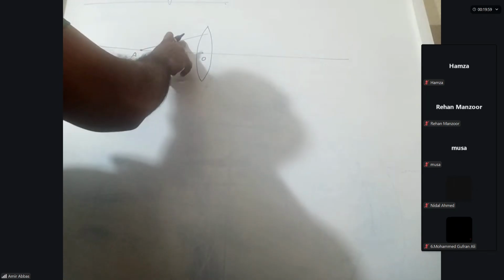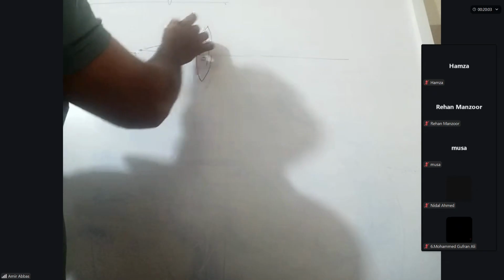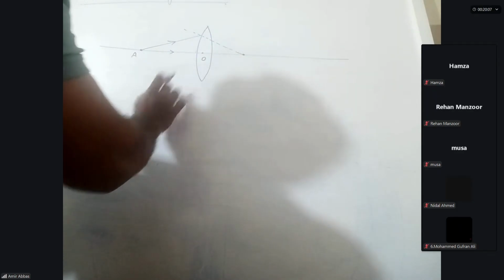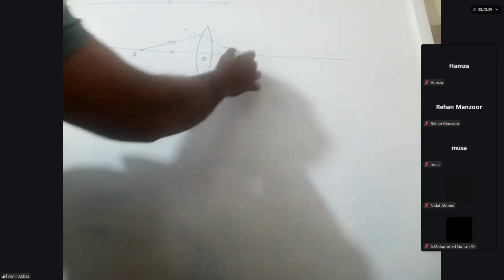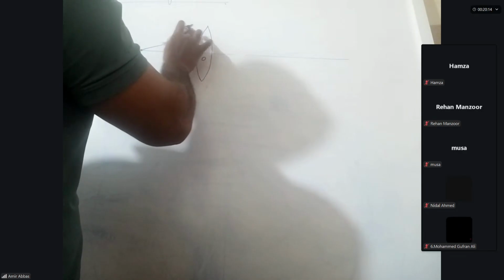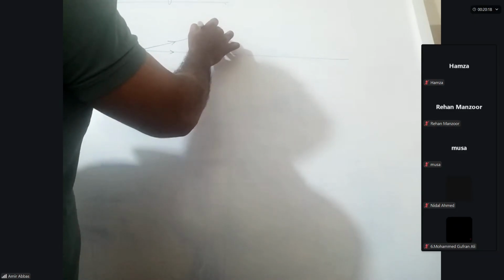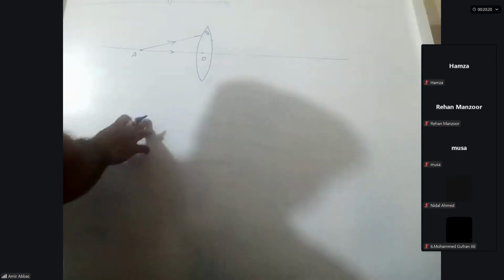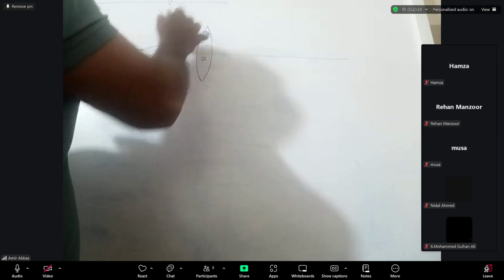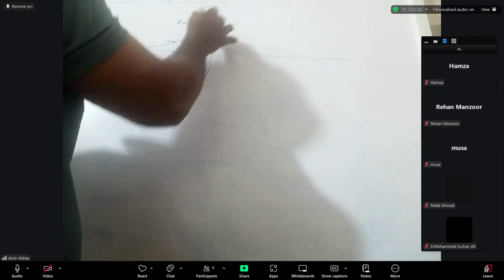And the light ray which is incident at this point over here bends towards the normal or away from the normal. If NL is the refractive index of the lens, and NM is the refractive index of the medium, and NL is greater than NM.